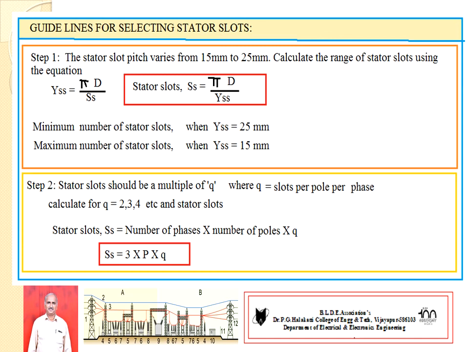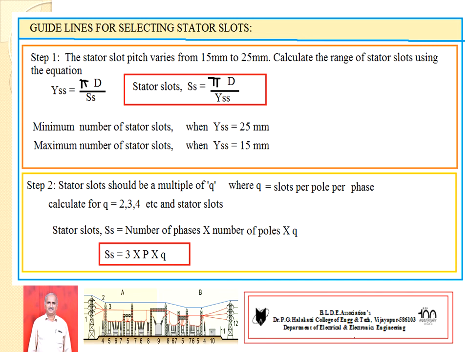Step number 2. The stator slots should be a multiple of Q, where Q is slots per pole per phase. Hence, you have to calculate for typical values of Q. Q equal to 2, Q equal to 3, Q equal to 4. You go on calculation.